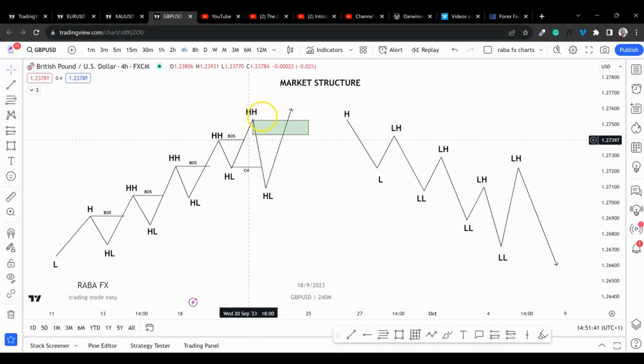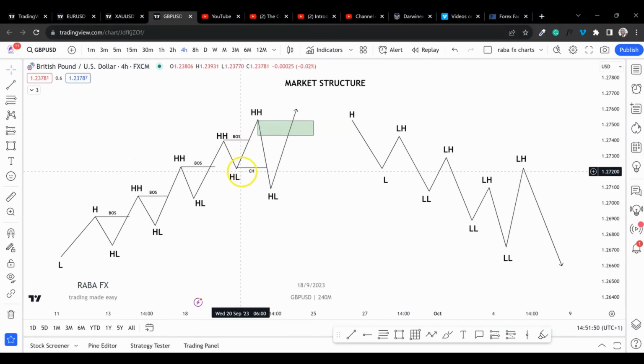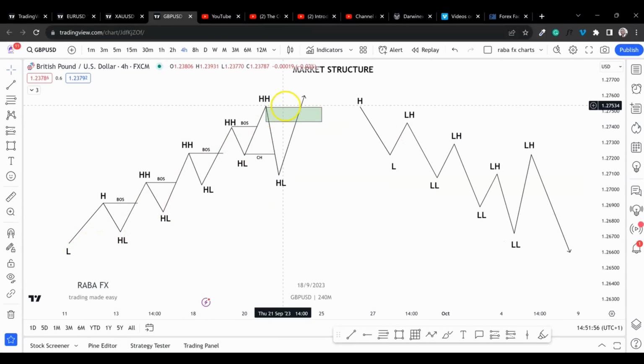You look for a point of interest in here to short the market. That is wrong, because you simply have one leg break of structure here, one CHoCH here, and you think this entire bullish cycle will be over because of that. Think again.